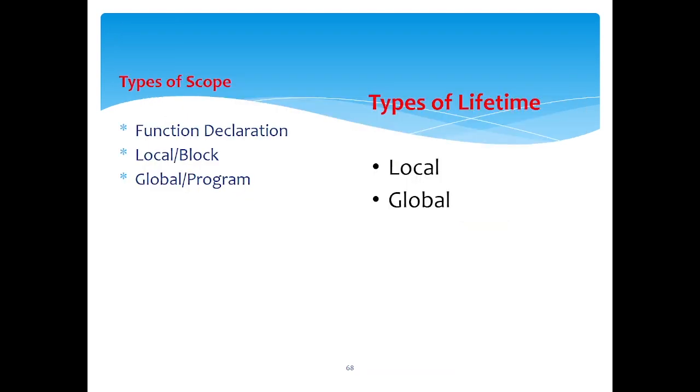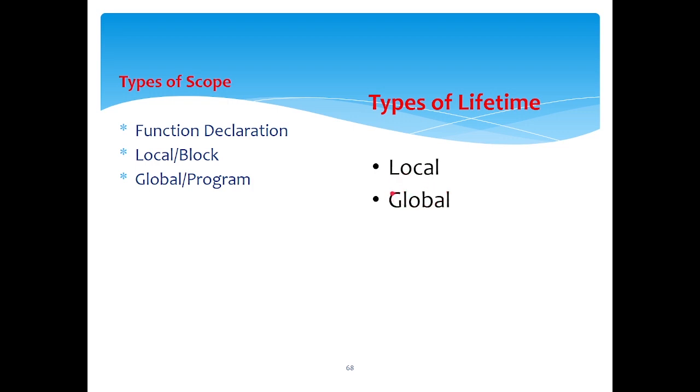Types of scope: you can check function declaration, local scope and global scope. Lifetime also you can have local and global. What is local, what is global? Local is valid, or its access level is only within that specified block.